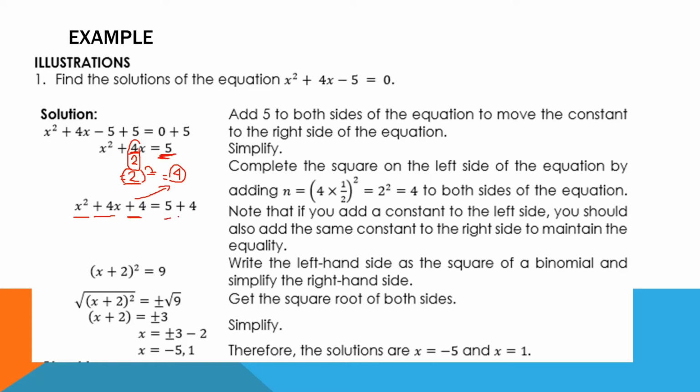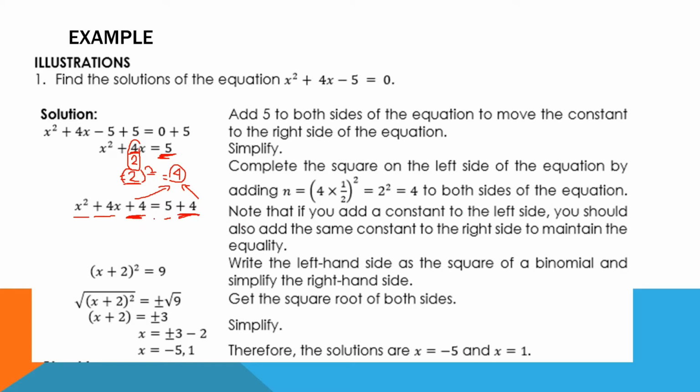Then nag-plus 4 din tayo dahil dito. Kasi nga, if you can see sa ating rule, you need to add yung nakuha nating sagot sa square of the half of the coefficient of x, both sides. So pareha dapat siya i-add. Hindi siya pwedeng dito lang, tapos dito wala. So dapat both sides.